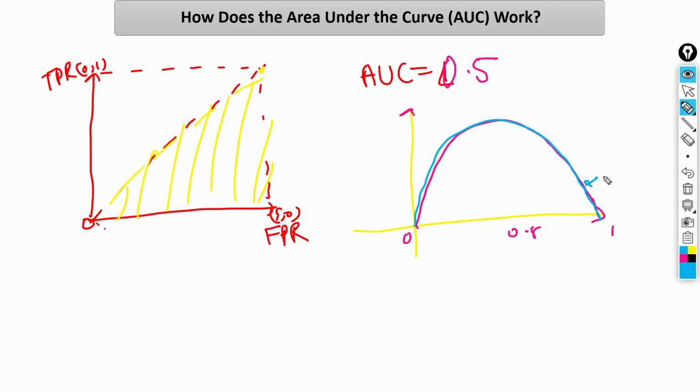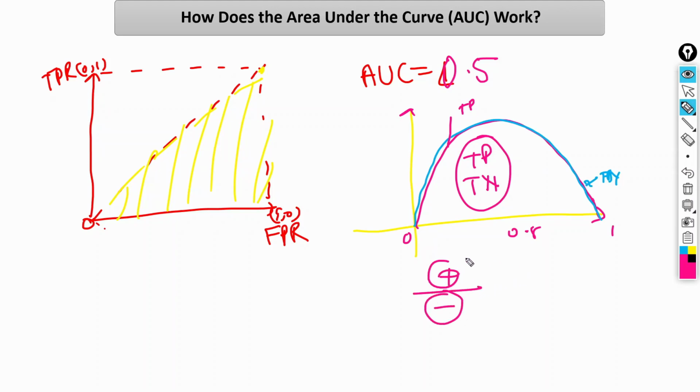Let red be your true positive, let this blue be your true negative. It means TP and TN will lie in the same region, right? So in that case our positive and negative classification will be very dicey. There would be a 50-50% probability whether our positive would be positive or not, whether our negative would be negative or not.